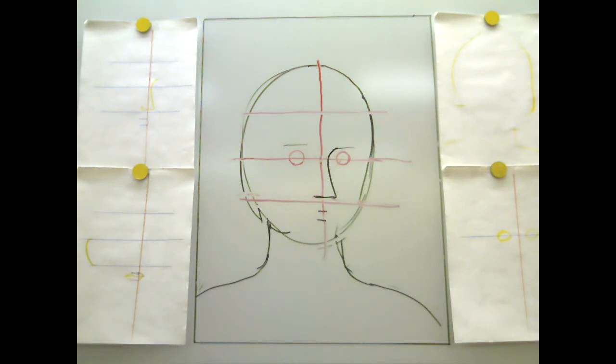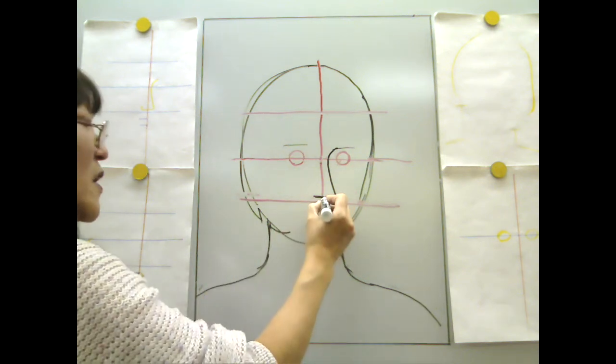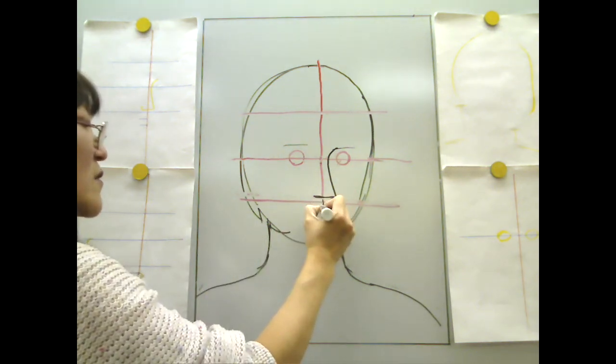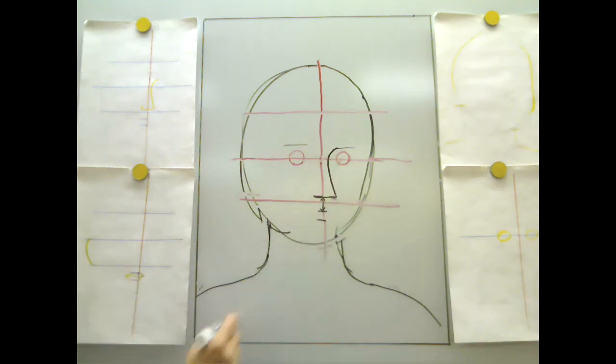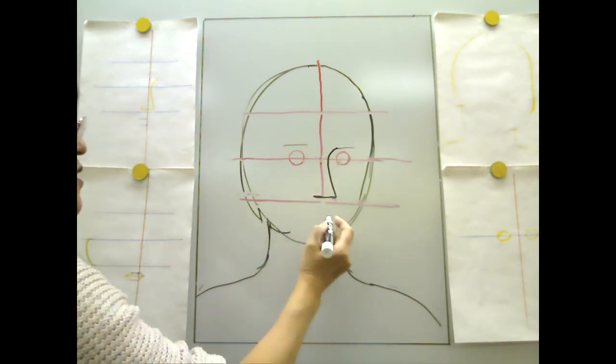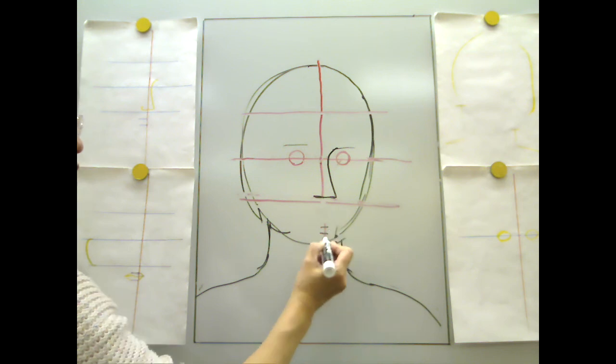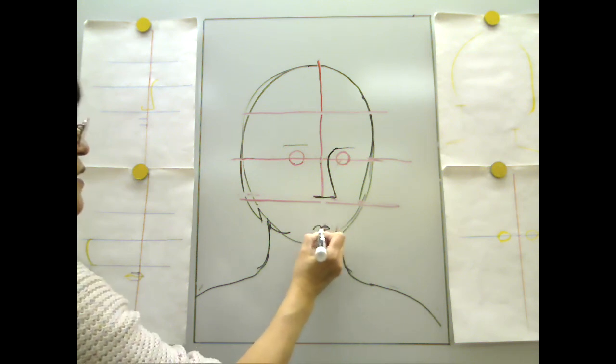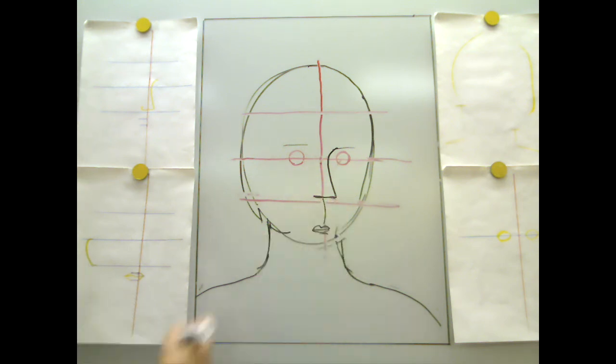Now, I need you to be super careful though when you do this. Think about this distance right here between the bottom of the nose and upper lip. If you don't mark these guidelines correctly, for example, if you do this, you're gonna end up with huge monkey lip.